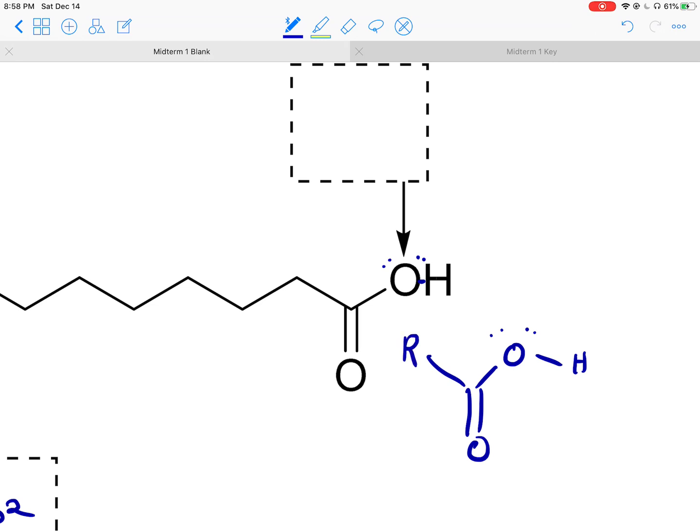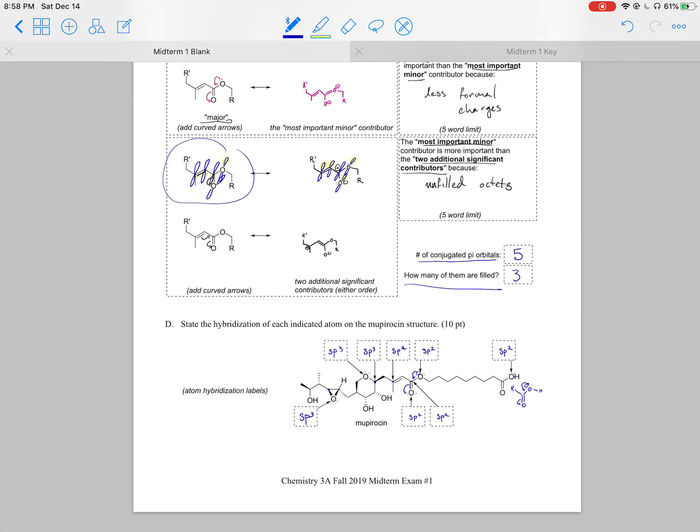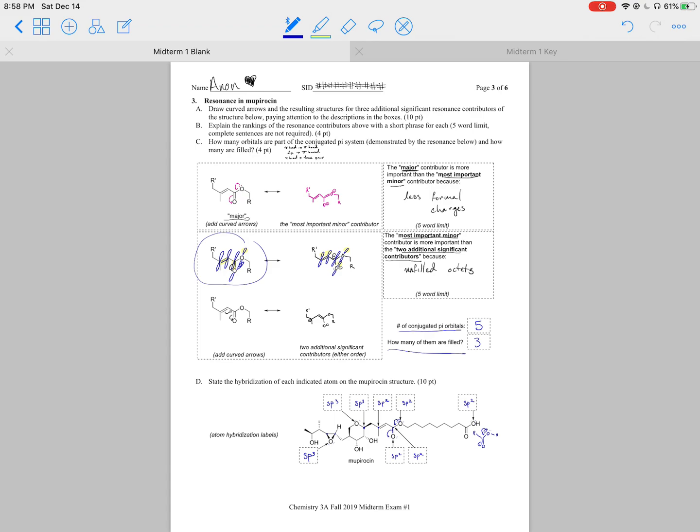Again, this is the best resonance, but we can move this lone pair onto the oxygen, and we can move this lone pair right here to make a bond between the carbon and the oxygen. And so this lone pair has to be in a p orbital, and so the shape around the oxygen is sp2 hybridized. So that's page 3 of midterm 1.